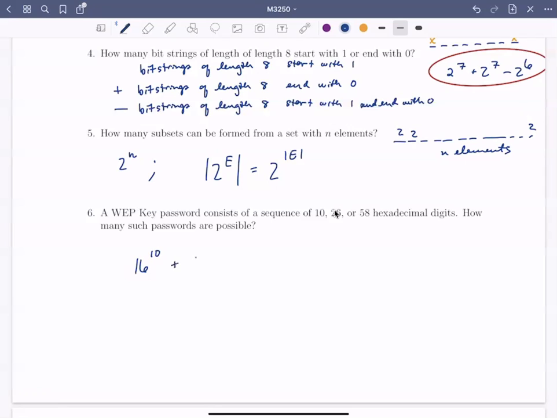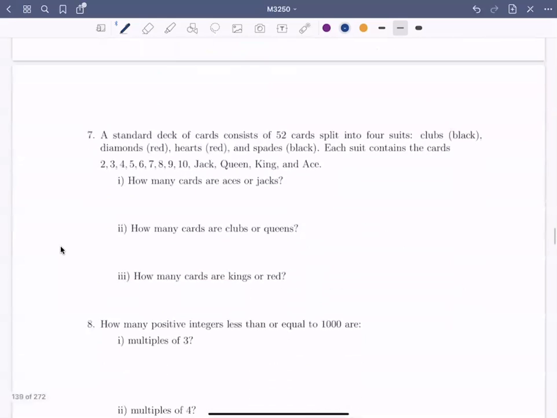There are likewise 16 to the 26 hexadecimal words, for lack of a better term here. And then there are 16 to the 58 sequences of hexadecimal digits. Okay, so that's all there is there.